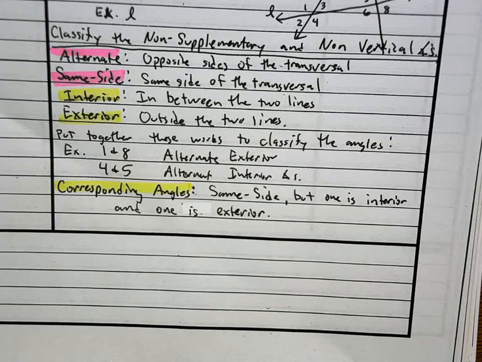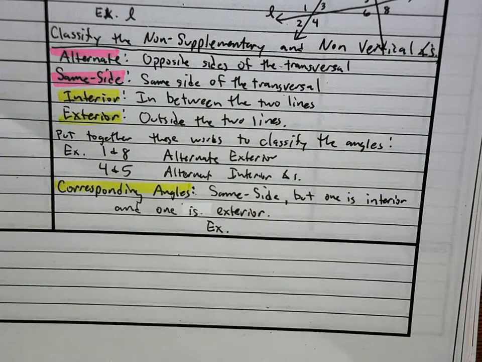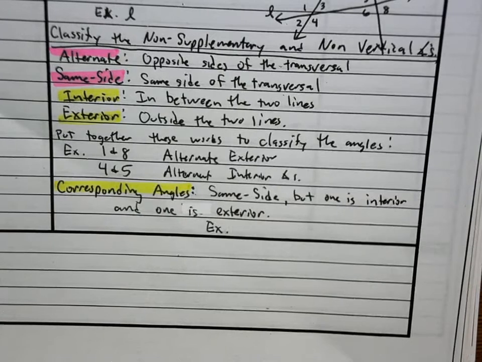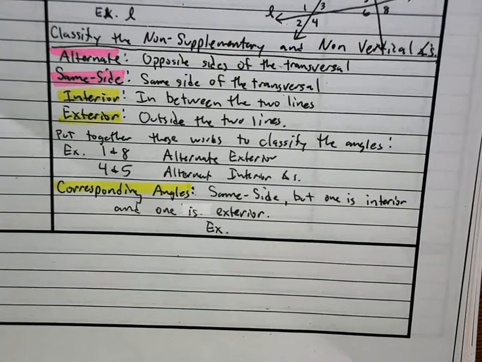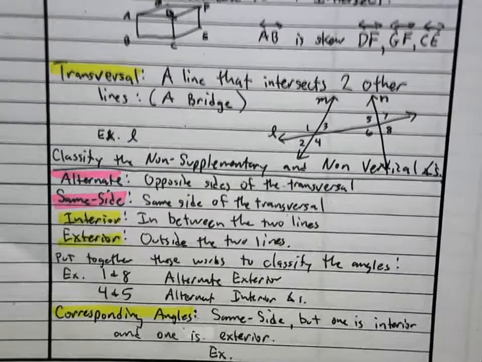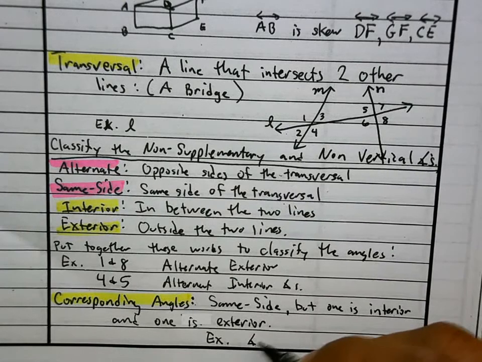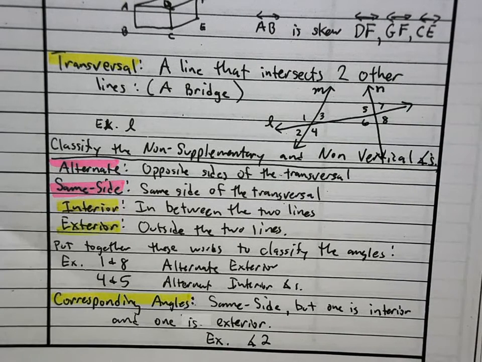Let's give an example. If I'm looking at angle 2, angle 2 is exterior.